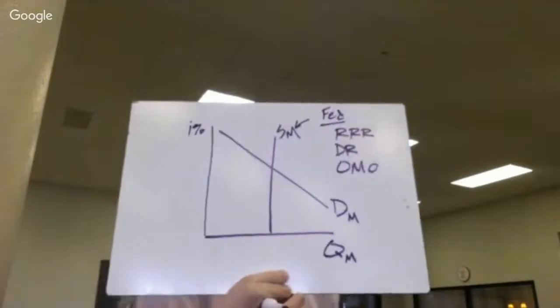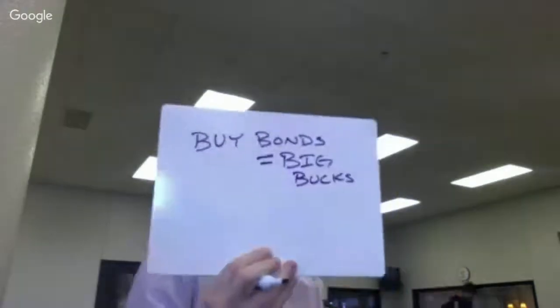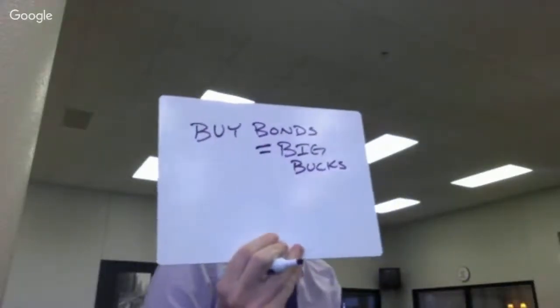Open market operations are buying or selling bonds. If we buy bonds, that's big bucks, an increase in the supply of money.